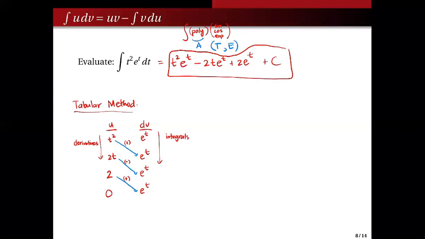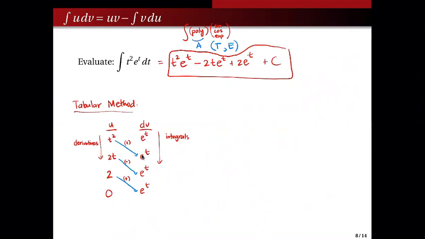Tabular method. And this is actually continuous application of integration by parts. Remember, UV or UDV. When you integrate this, it becomes V. So UV. And then this is now your new U, this is now your new DV.